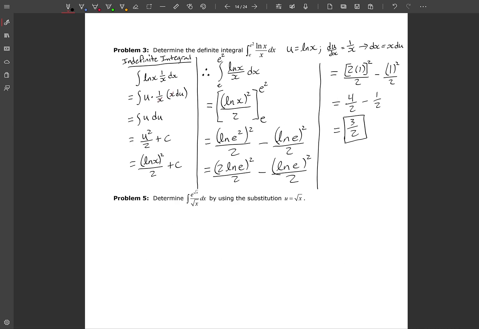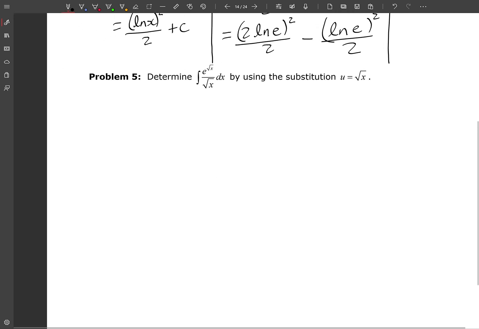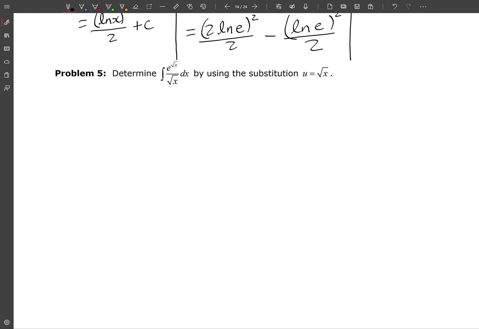Okay, we're almost done. Last one, problem 5. This one's back to a nice indefinite integral. A little more complex, but they've given us which one to use for our substitution. They helped us out a little bit here. So we're going to let u equal to square root of x. I'm just going to rewrite it as x to the 1/2.